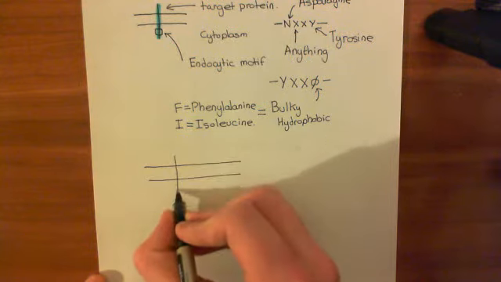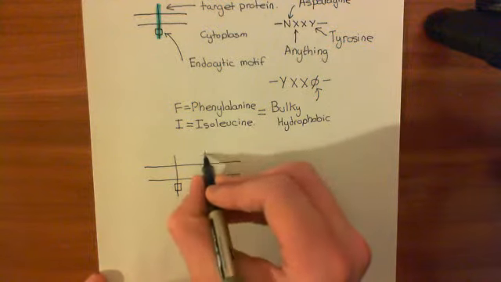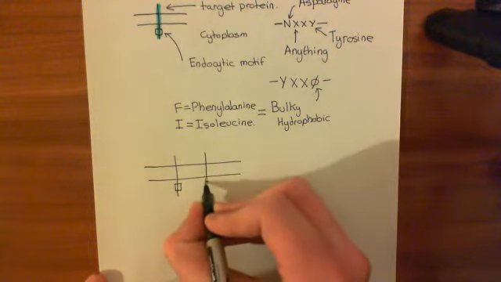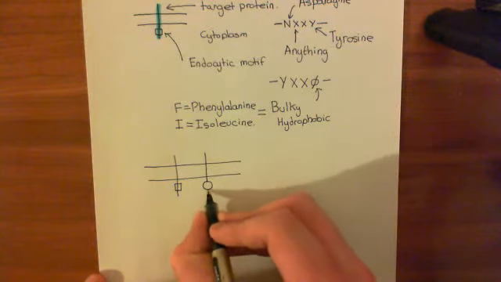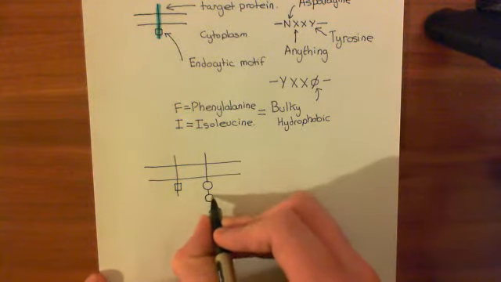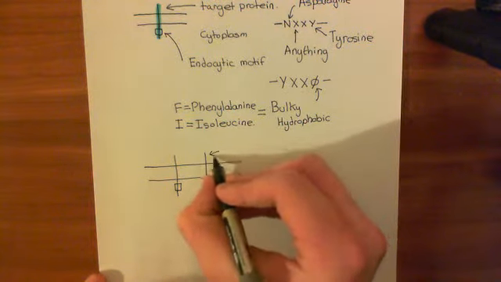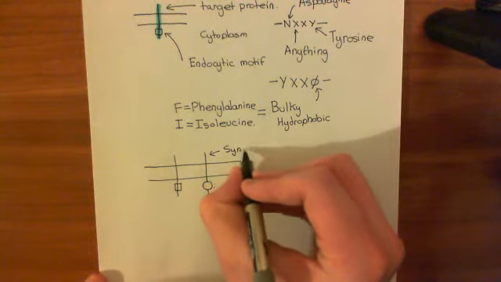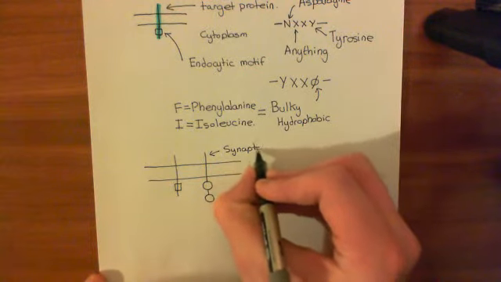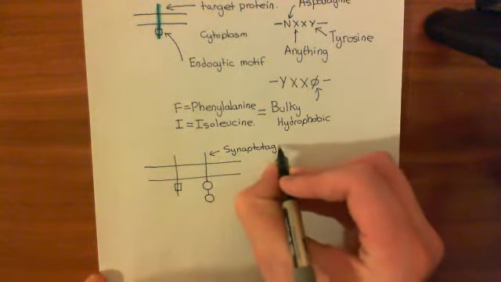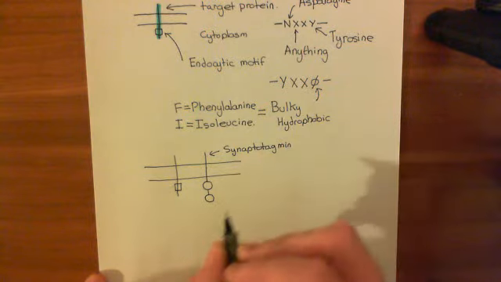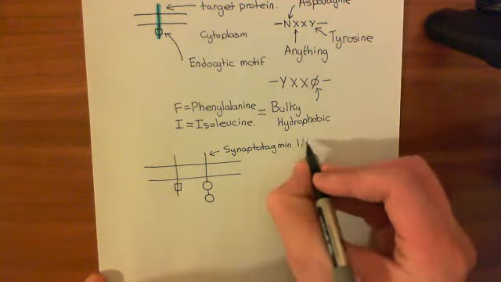Here's our target protein again with the endocytic motif here in the cytoplasm. And then we have a very important protein sitting here in the plasma membrane. This is the protein Synaptotagmin. The Synaptotagmin that's important in synaptic vesicles is Synaptotagmin 1/2.